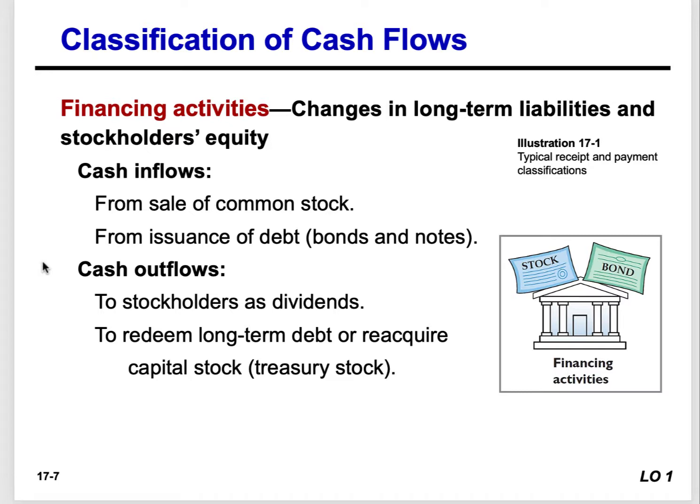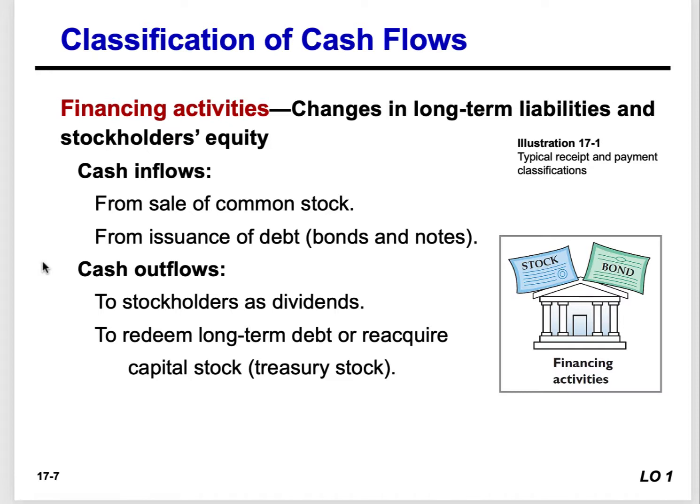So that has to be a cash inflow, right? If we issue any debt, meaning any bonds or any notes, guess what? That's a financing activity, okay? Anytime we pay a dividend, that is a financing activity. When we pay a dividend, that's obviously a cash outflow because cash is leaving the company.